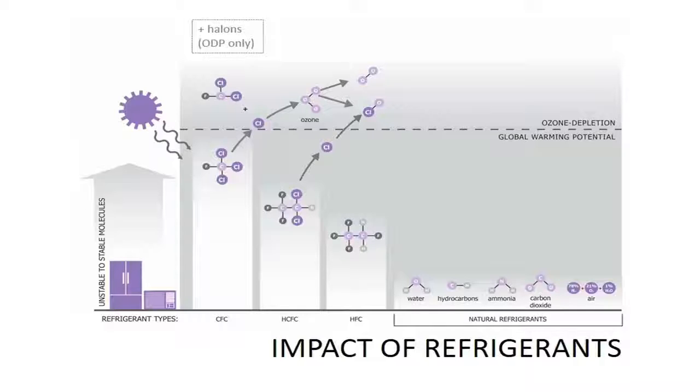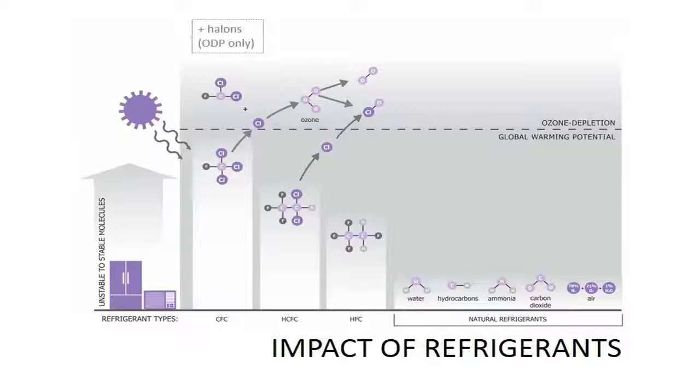Now, we don't have halons here, as those are typically used only in fire suppression systems. Now, there's three types of refrigerants we discuss here, and their molecular stability is variable. So the CFCs and the HCFCs, to some extent, travel further into the atmosphere because they're more stable molecules.